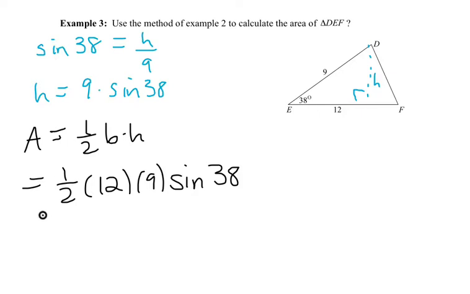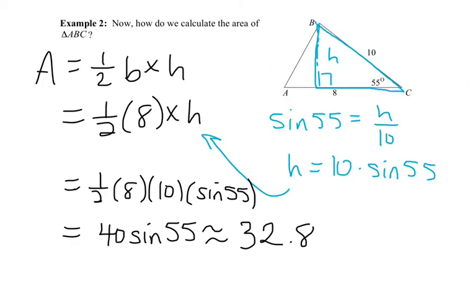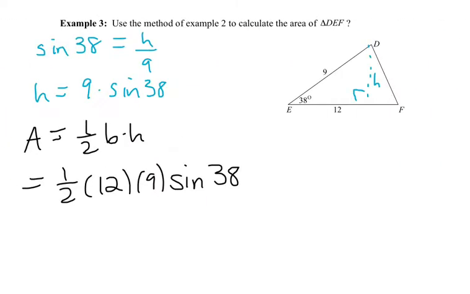I have the 1/2, and then I have the 12 and the 9 and sine of the angle between them. Let's look back at this one. I had the 8 and the 10 and 55 as the angle, 8, 10, sine of the angle between them, and the 1/2 because we're dealing with the triangle.